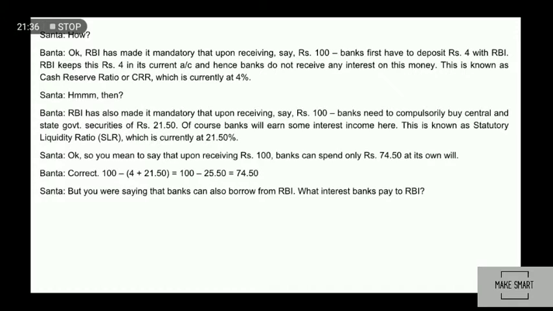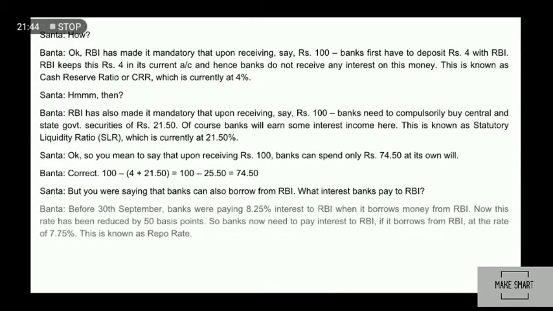But Santa says, but you were saying that bank can also borrow from RBI. What interest does bank pay to RBI? Banta says, before 30 September, bank was paying 8.25% interest to RBI when it borrowed money from RBI. Now this rate has been reduced by 50 basis points. So bank now needs to pay less interest to RBI.